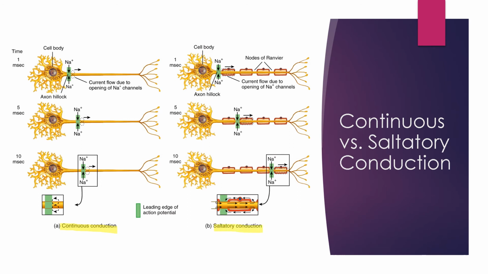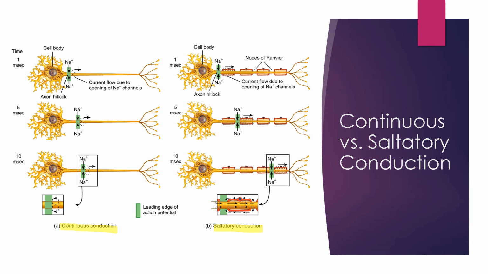So the first thing you need to know is that action potentials need to fire at every available space on an axon in order to continue moving. So in other words, the voltage-gated channels have to open in one area before they can activate the next ones to open, and so they move the action potential down the axon that way.